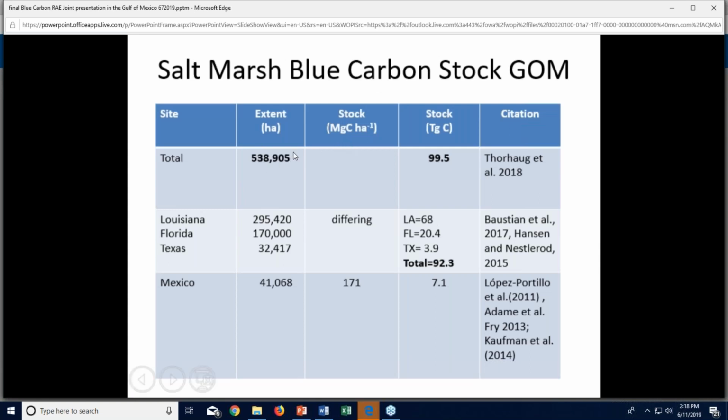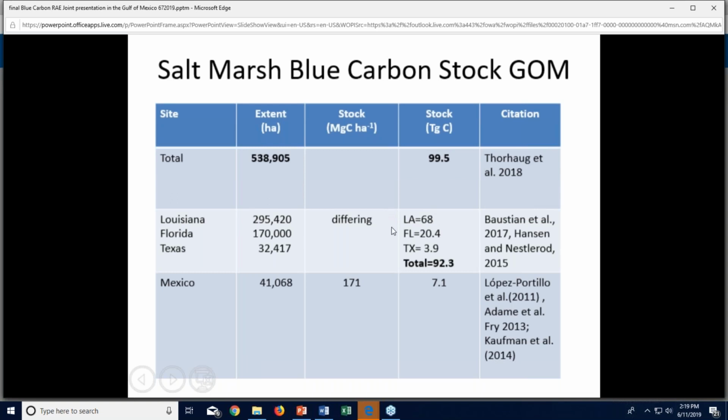What we were able to find is that there's about 500 and close to 550 hectares of salt marsh, most of which is in Louisiana and some of which is in northern Florida, down to about Crystal River and Anclote. Texas has about 32,000 hectares and is planting a lot, increasing their salt marshes.